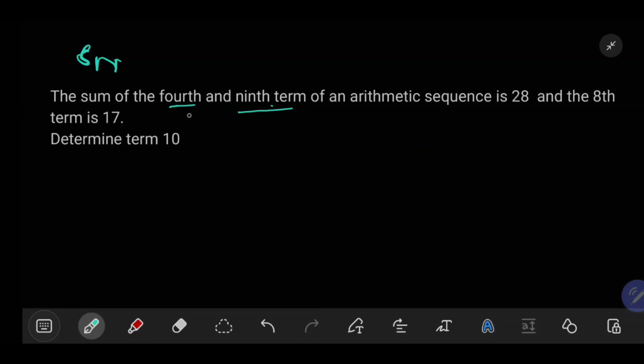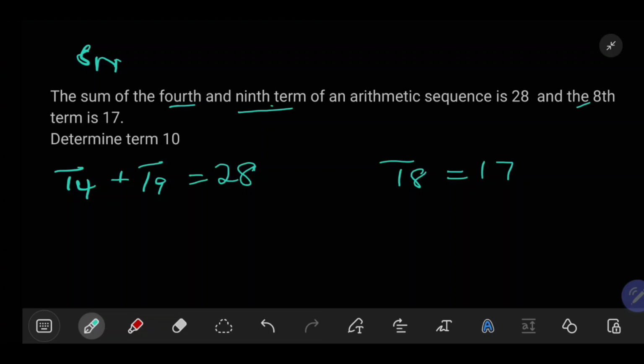So the statement is saying T4 plus T9 of an arithmetic sequence is equal to 28. And they also said T8, the 8th term, is equal to 17. They want you to determine term number 10.